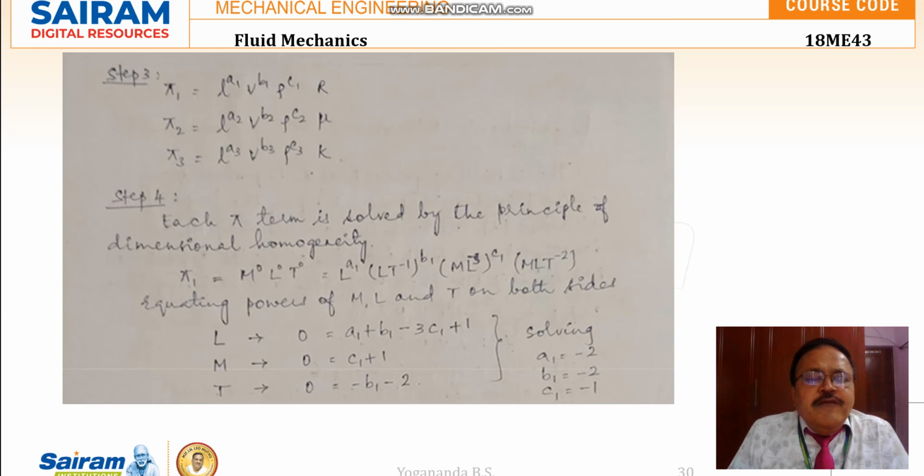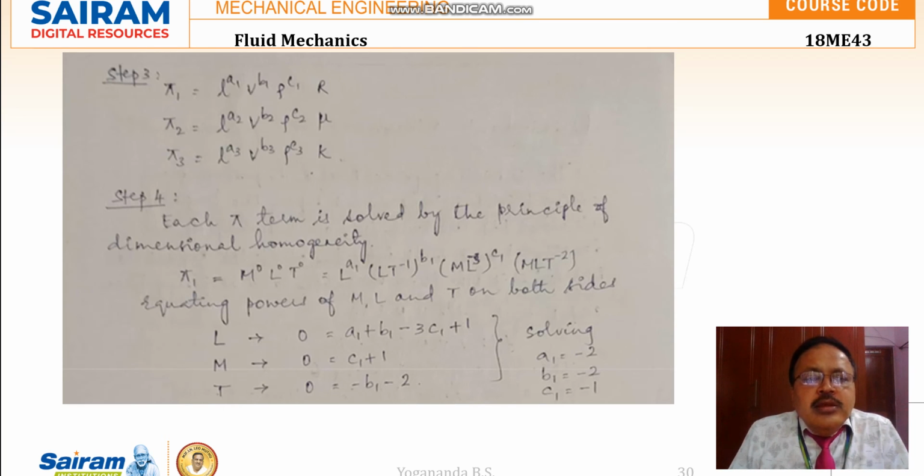Then velocity V, meter per second, that is L T to the power of minus 1, to the power of B1. And density, mass by volume, M by L cube, that is M L to the power of minus 3, to the power of C1.